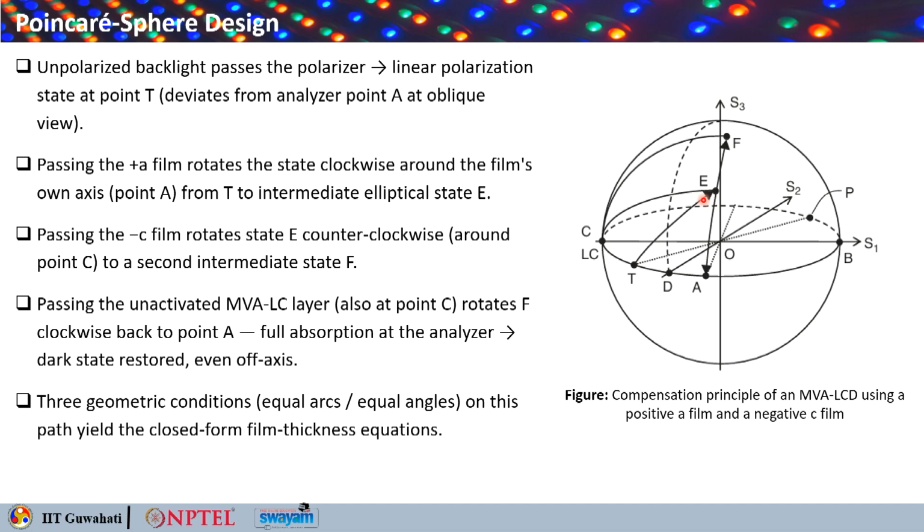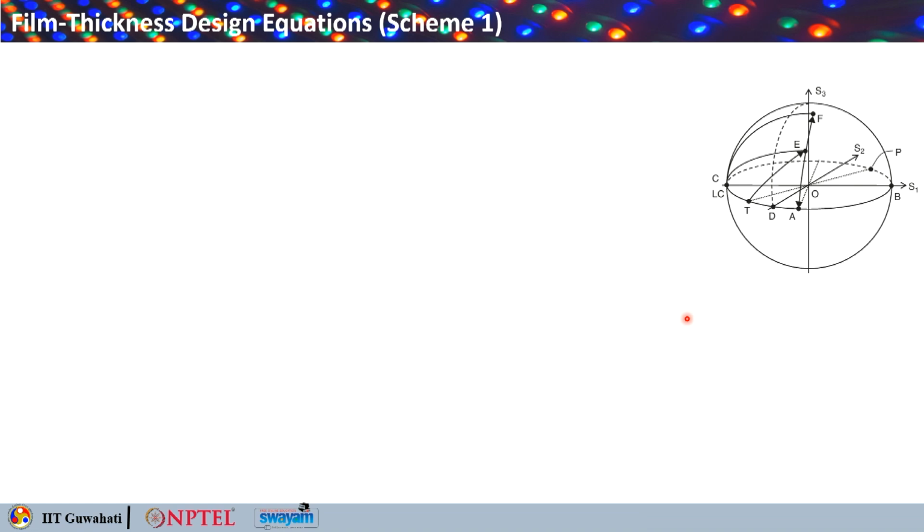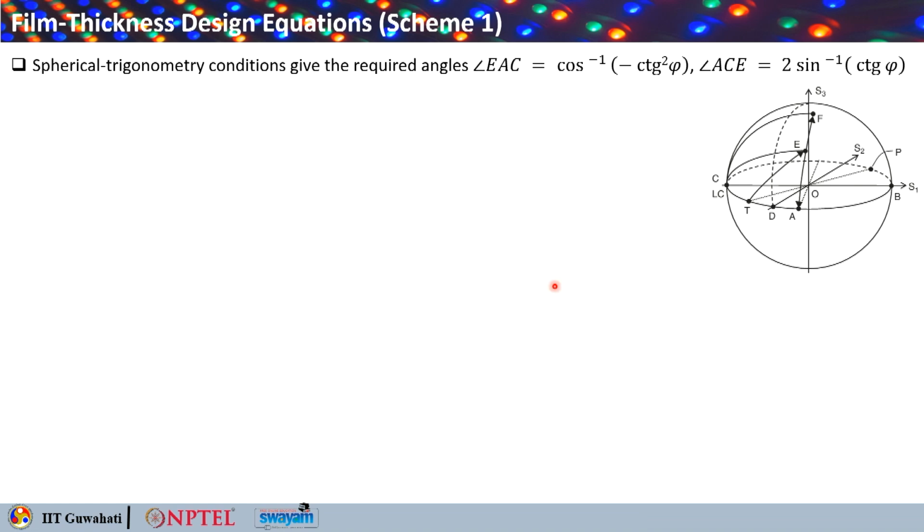So you are not using calculus. This is how you can understand the compensation principle of an MVA LCD using a positive film and a negative film. Now we can see the film thickness design equations.